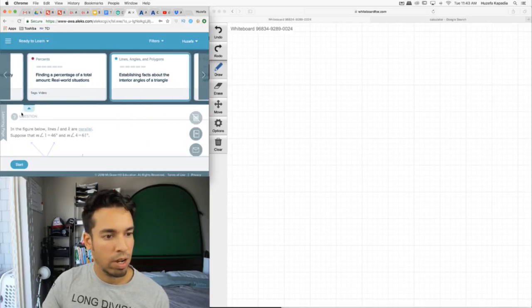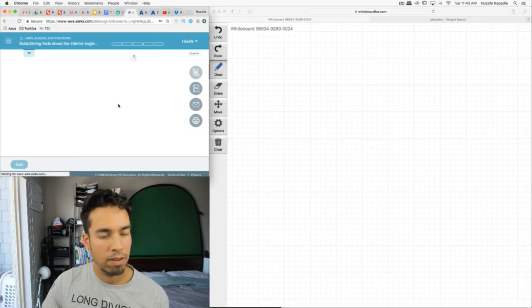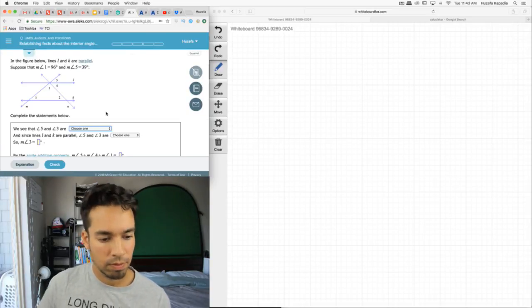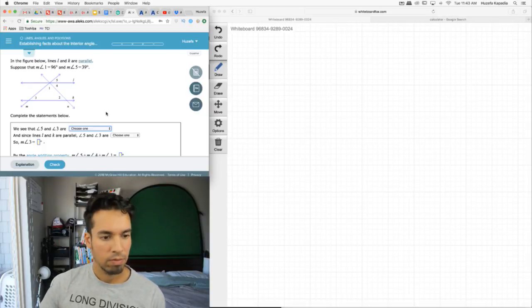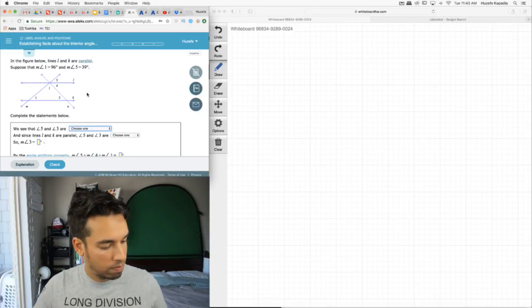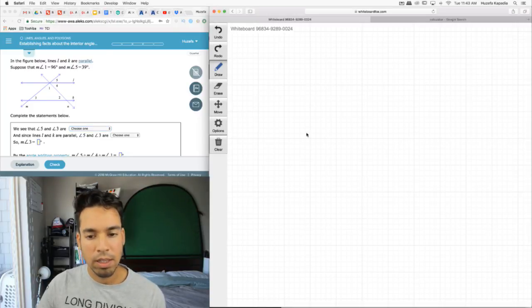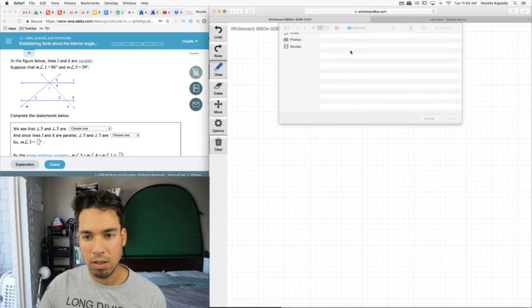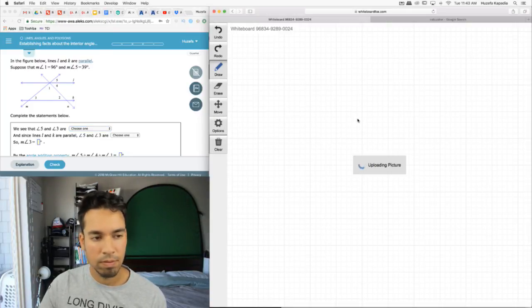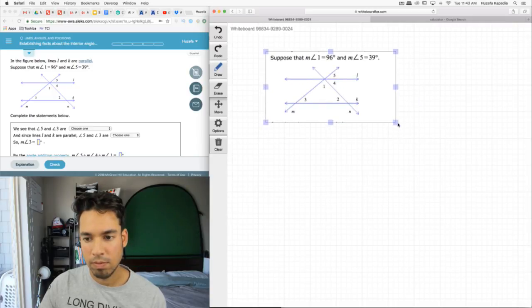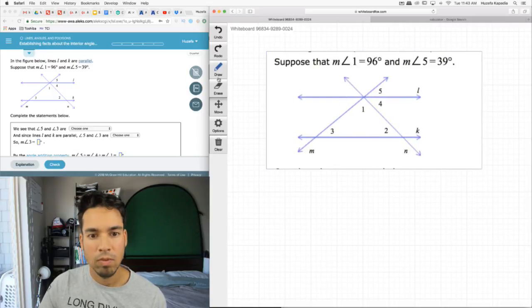Establishing facts about the interior angles of a triangle. It's saying that these lines are parallel. We know that angle 1 is 96 and angle 5 is 39.